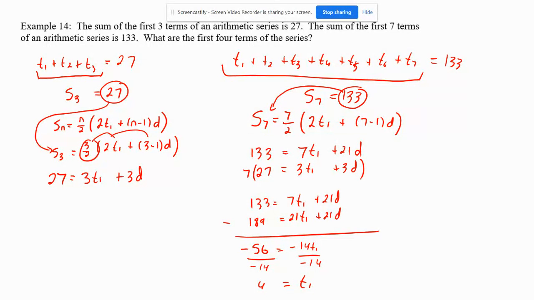Now I'm going to go to either one of these formulas here. I have 133 equals 7t1 plus 21d, and we know that t1 equals 4. So 133 equals 7 times 4 plus 21d.